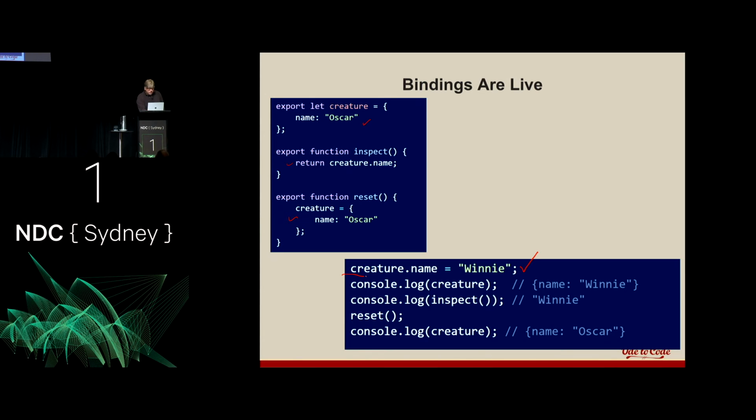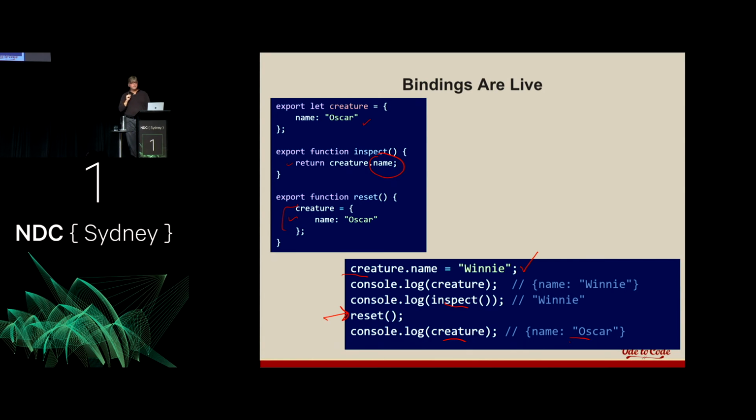When I import creature, that's an immutable binding, but creature.name is just a property on that thing, so I can change the name. And if I look in that other module, what name does it see? It sees Winnie, because my module changed it. And if I reset things, that resets my binding. So my creature goes back to being named Oscar, because now we're looking at this object.